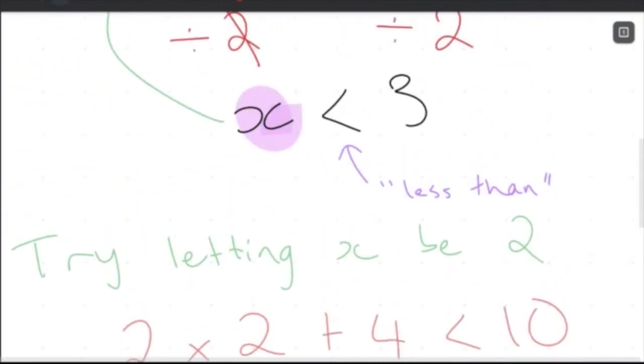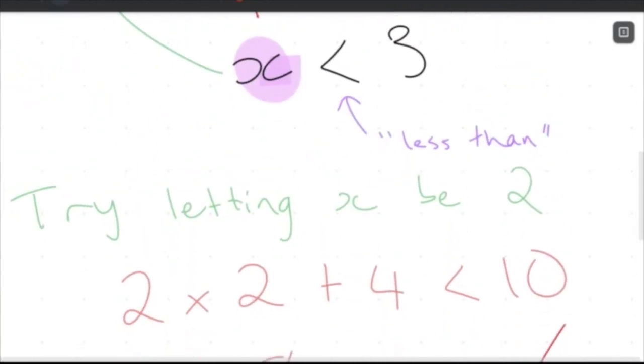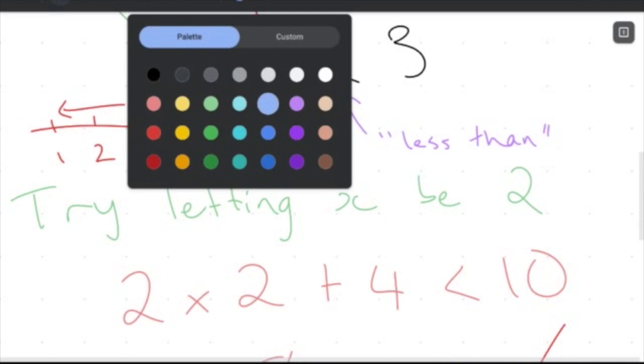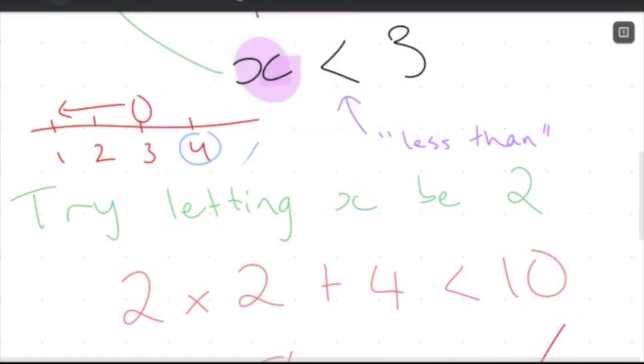Now, just to check this, let's try a number greater than 3 and see if I still get the same thing. But we'd expect it to not be true because it's not within my constraints. If I were to draw the number line from 1, 2, 3, 4, I'm looking for x less than 3. I want a number somewhere on this side of my number line. So I would expect that this 4 is not going to work. But let's just double check it.